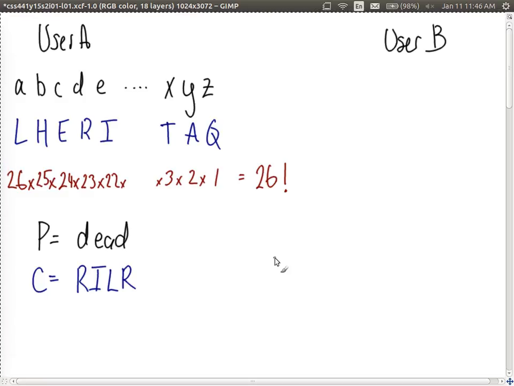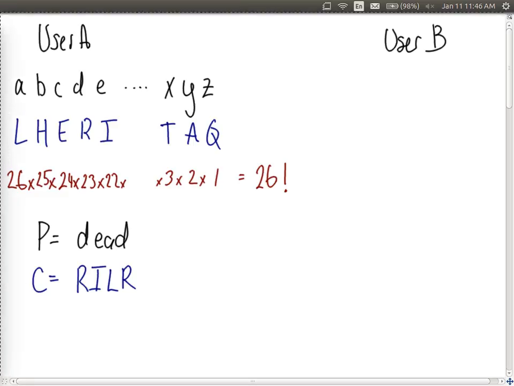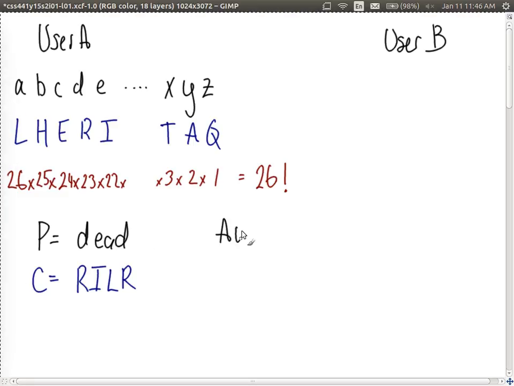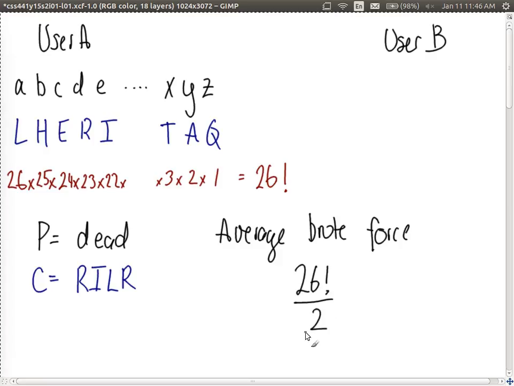And a brute force attack, if you're going to try all possible mappings, has 26 factorial worst case performance, 26 factorial divided by 2 average case, which is the average brute force. Well, on average you only have to try half, which is about 26 factorial.